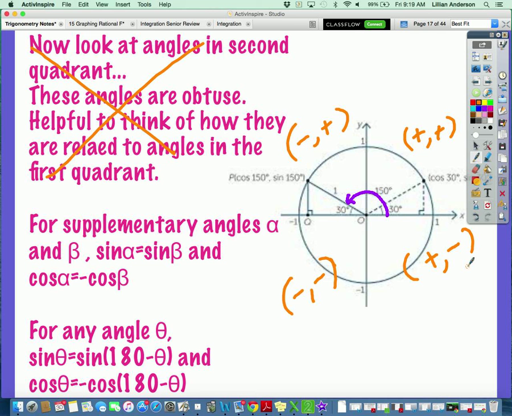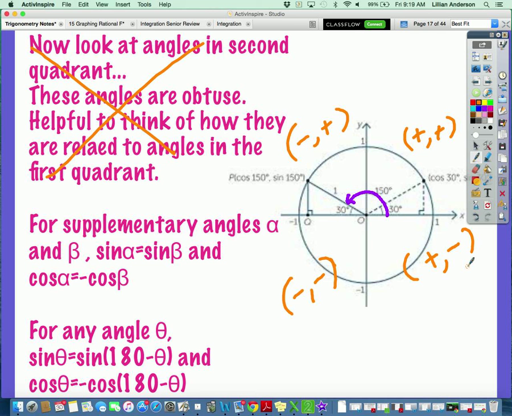Do realize that because of that, for supplementary angles theta and beta, which can represent any two particular values, the sine of alpha is equal to the sine of beta, okay? So if you are dealing with supplementary angles, they mean what? Add to 180.